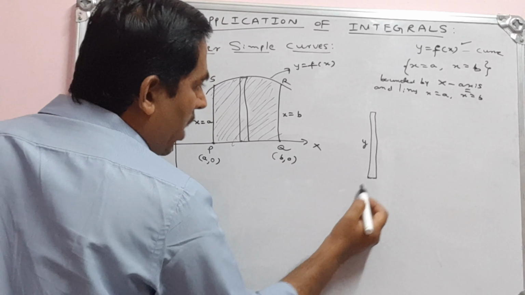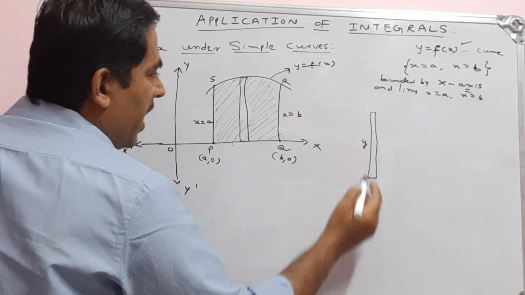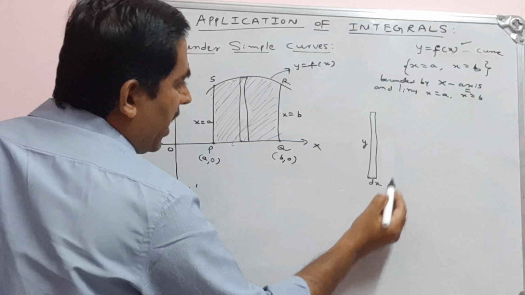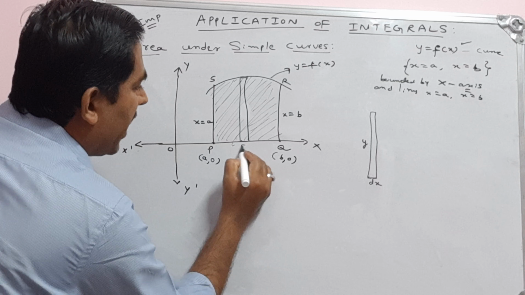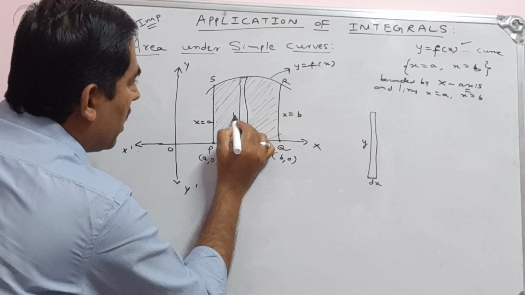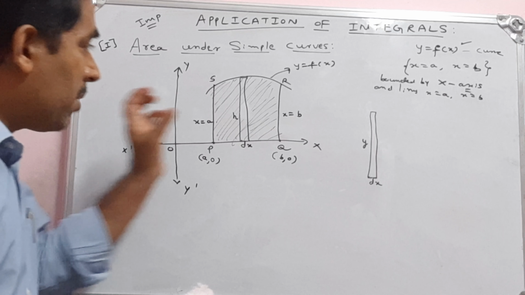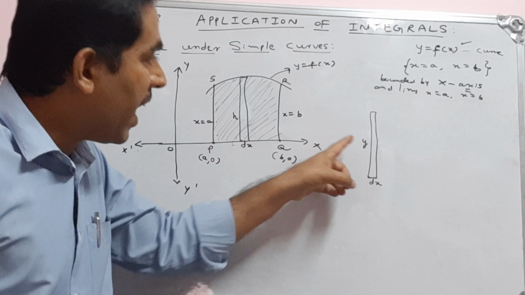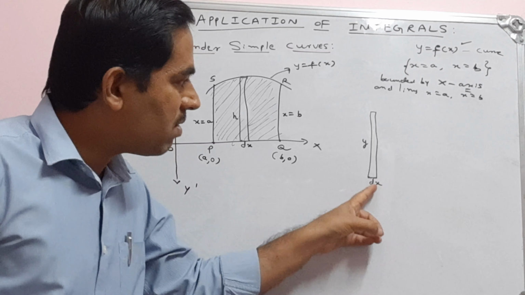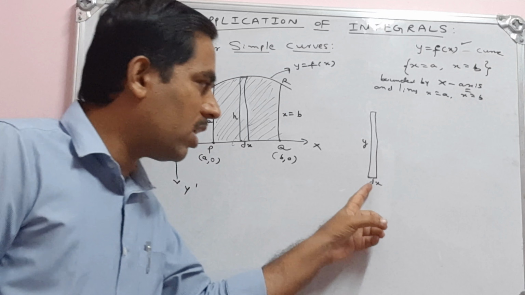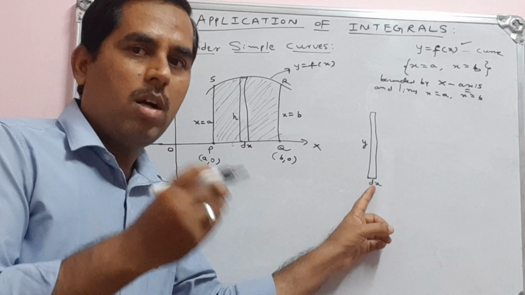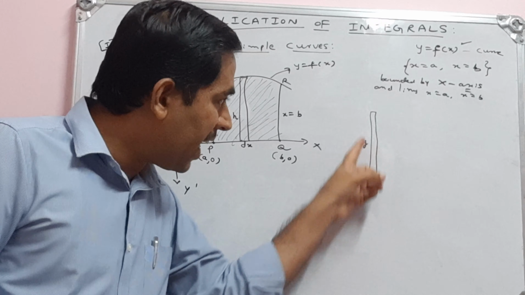From this point to this point, the points are on the x-axis, so let us mark this width as dx. So I am considering one strip whose height is y and width is dx.